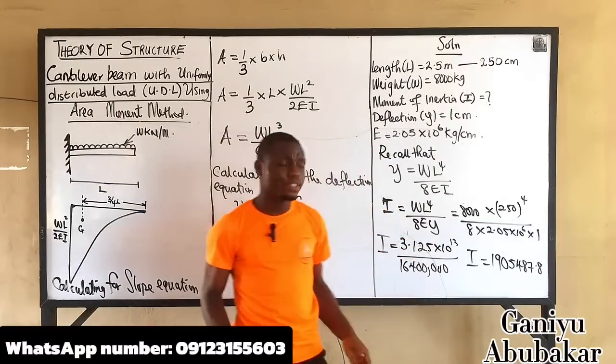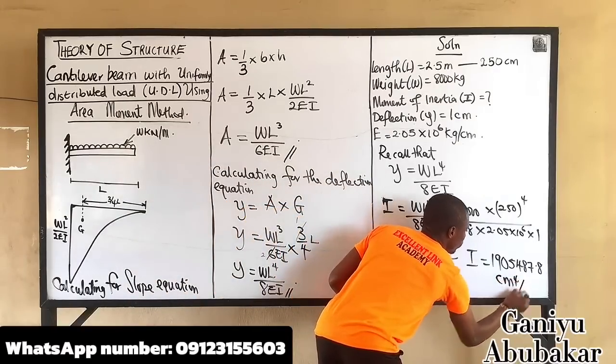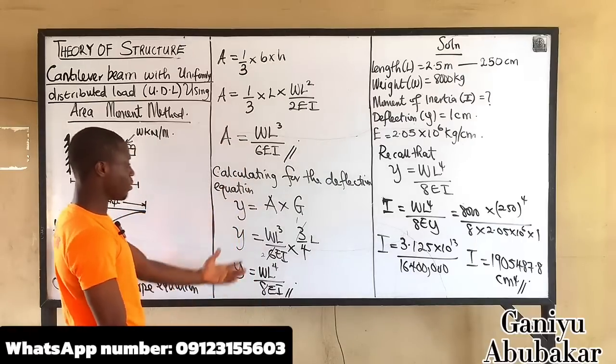What's my SI unit here? The SI unit is cm to the power 4 as the unit for moment of inertia. So that will work on this.